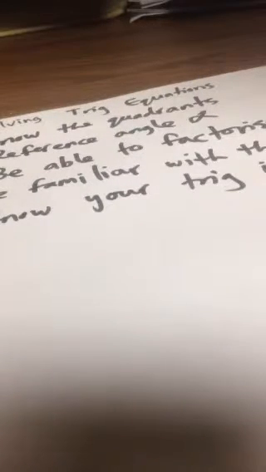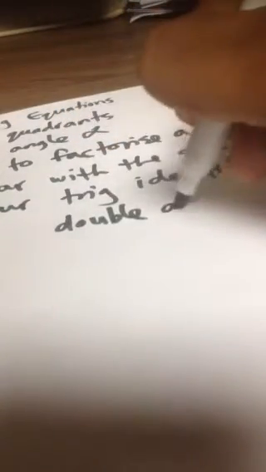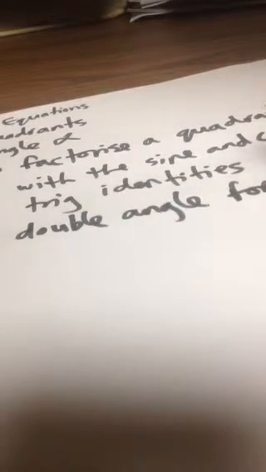And the fifth, know your trig identities. Very important that we know them. The last 3 examples, I believe it was, they all came into play. If we didn't know them, we wouldn't be able to solve. So know your trig identities. Know your double angle formulae, and your compound angle formulae.